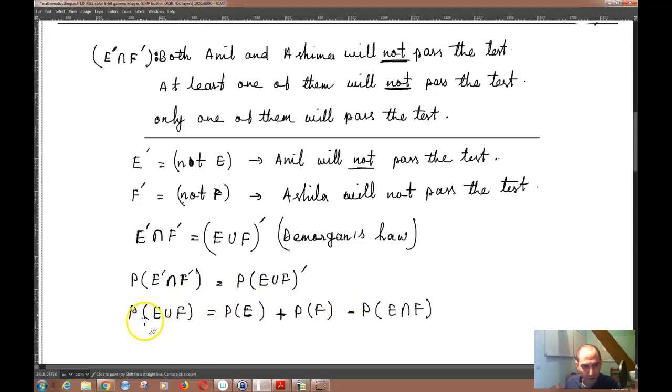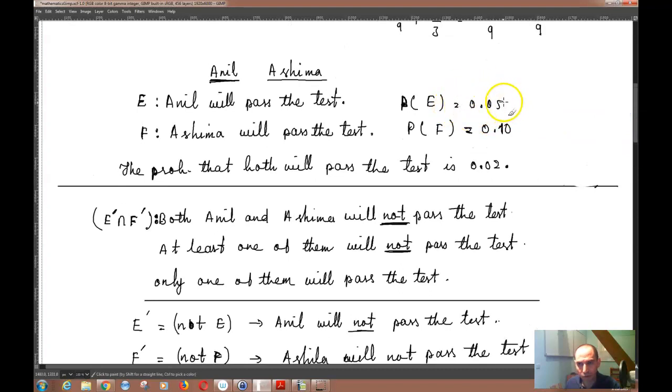So that means that P of E union F is equal to P of E, which is the value over here, 0.05, and P of F is 0.10, and this one is, by the way, also P of E intersection F. The reason for that I will talk about in just a few moments.